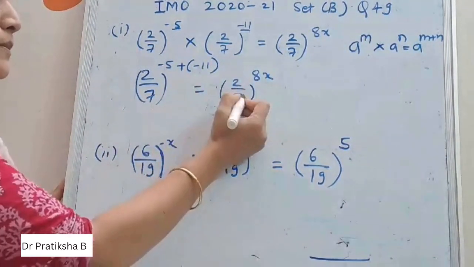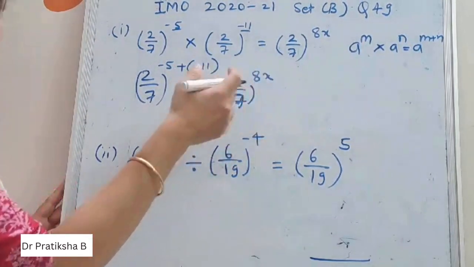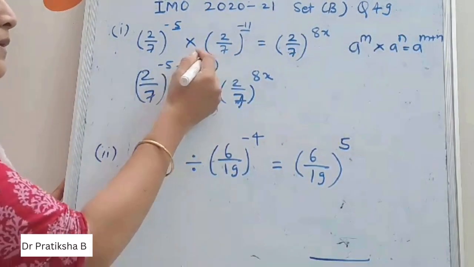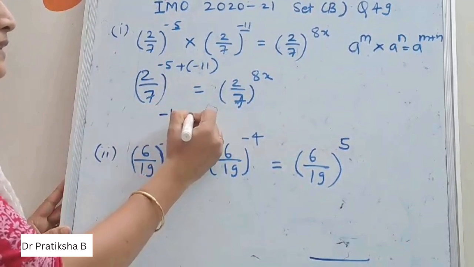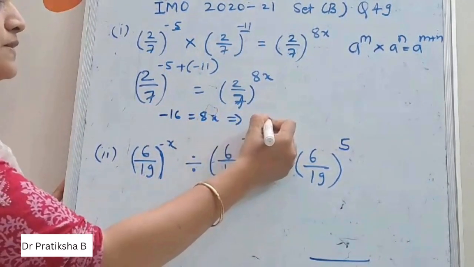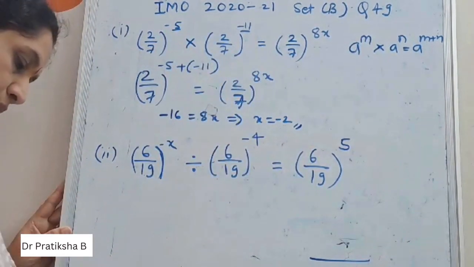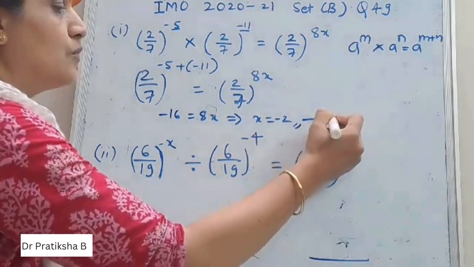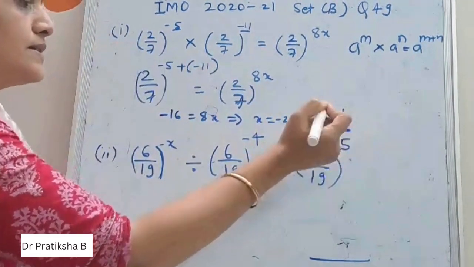Now as the base is the same, we can equate the powers. Minus 5 plus minus 11 gives you minus 16. It is equal to 8x, which implies x is equal to minus 2. And the option where you see minus 2 as a result is R. So for the first match, sub question 1, the answer is R.